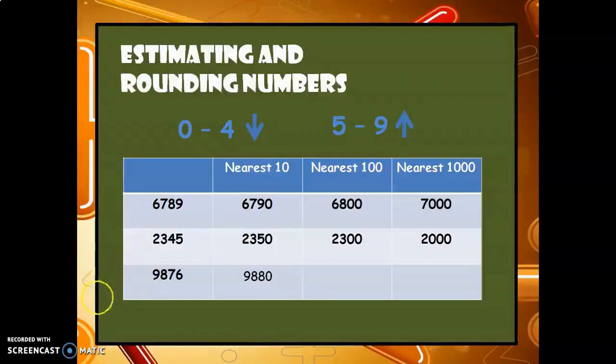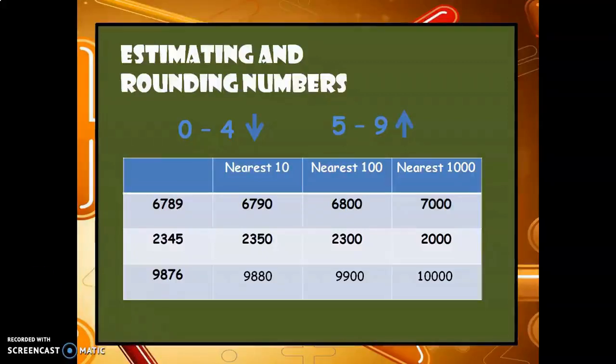Rounding to the nearest 100, if your answer is 9,900, it means you've understood how to round it to the nearest 100, so it is correct. Now, if your answer for rounding to the nearest 1,000 is 10,000, you're absolutely correct.